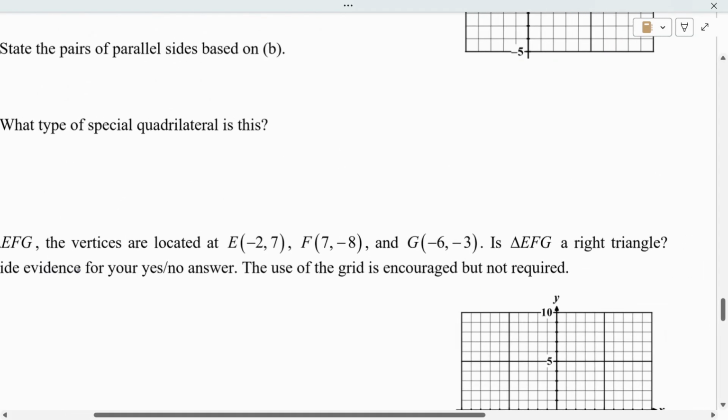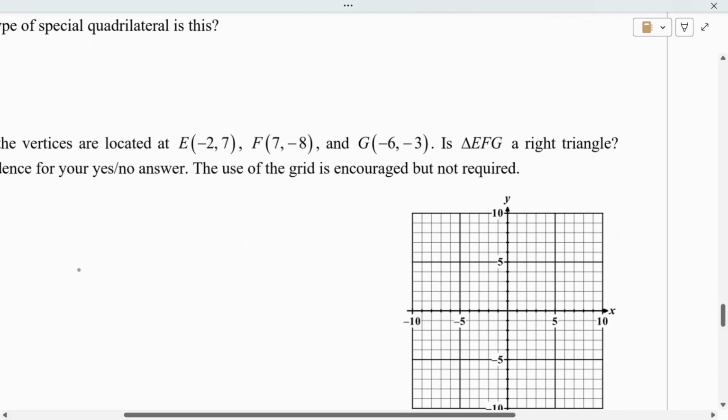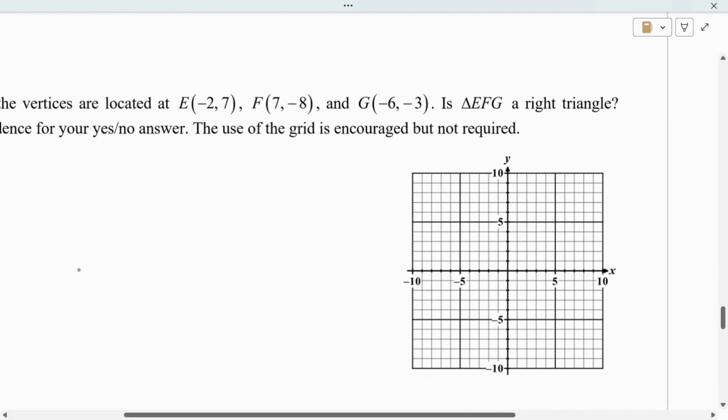So the first thing that we're going to do is we're going to graph our ordered pairs. Ordered pair E is at -2, 7. Ordered pair F is at 7, -8.